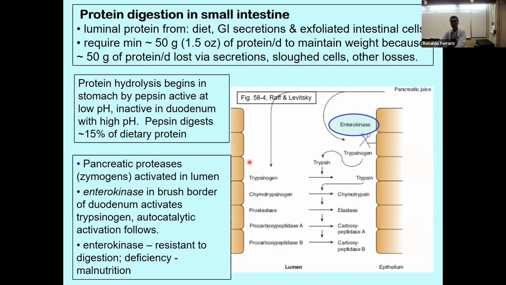So how does this work? Your pancreas releases a plethora of proteases: trypsinogen, chymotrypsinogen, proelastase. You need to know what they are, but you don't have to know what they digest. These are precursors of enzymes. The pancreas, as a way of self-preservation, does not activate these enzymes.